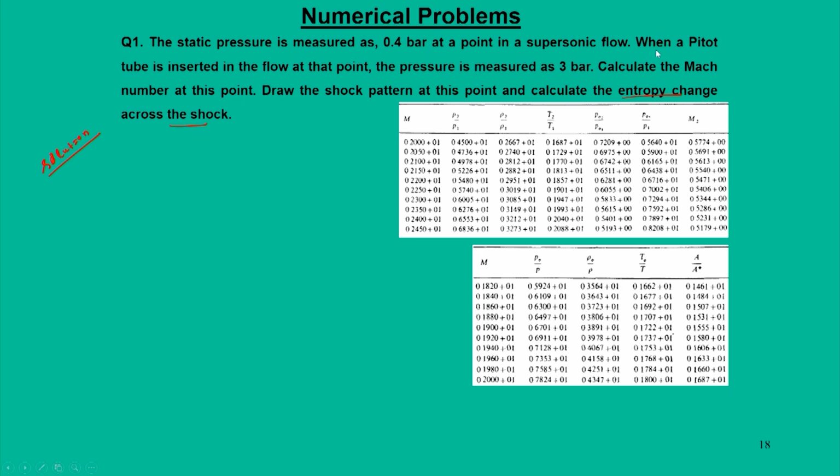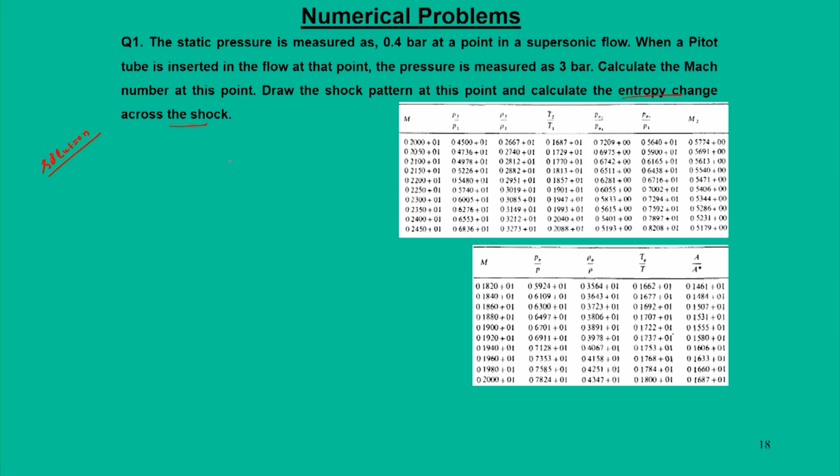When a pitot probe is inserted at that point, the pressure measured is 3 bar. So, how is it possible? Obviously, there is a pressure jump that shoots up from 0.4 bar to 3 bar. That means, obviously, there has to be a normal shock.